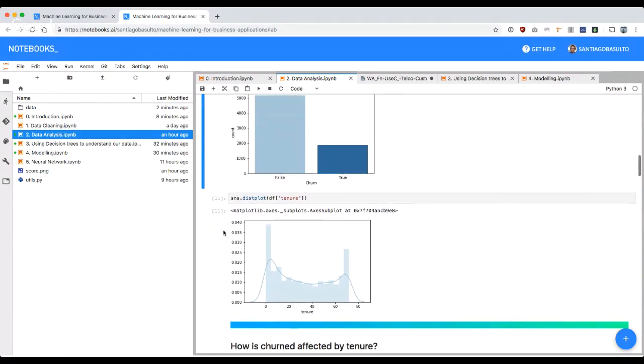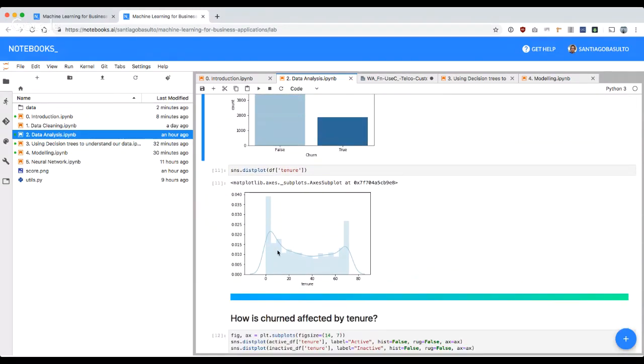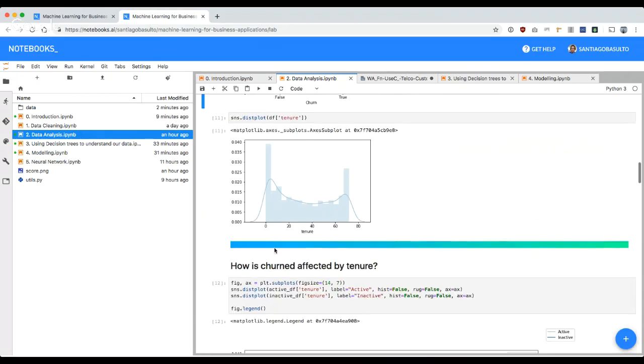We can also quickly see the distribution of these periods in terms of time. You can see that there are a lot of customers at the beginning, who are probably just trying out the service. And then we have a lot of customers that stay loyal after 60 or more periods. So this bimodality is something that's going to be interesting later.